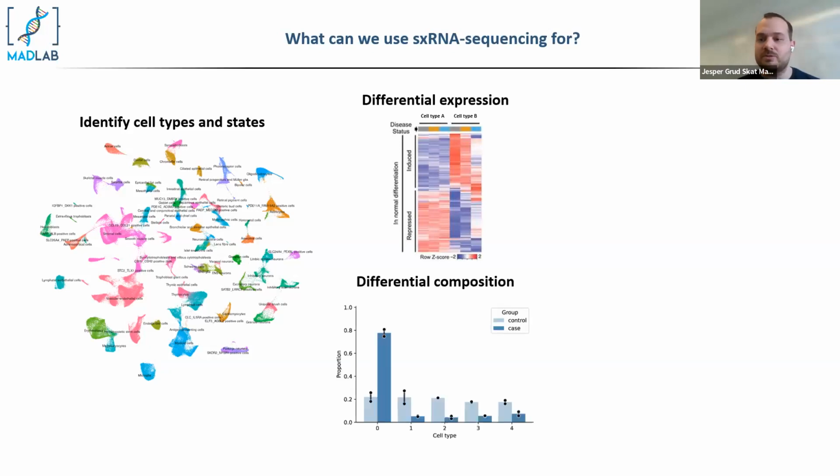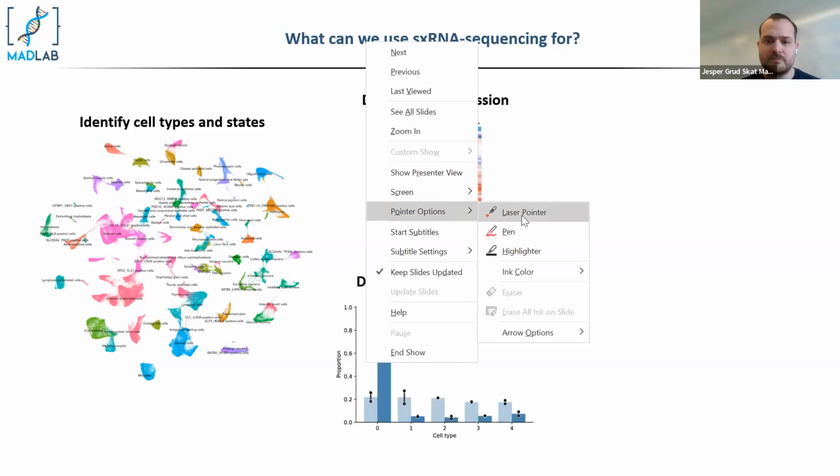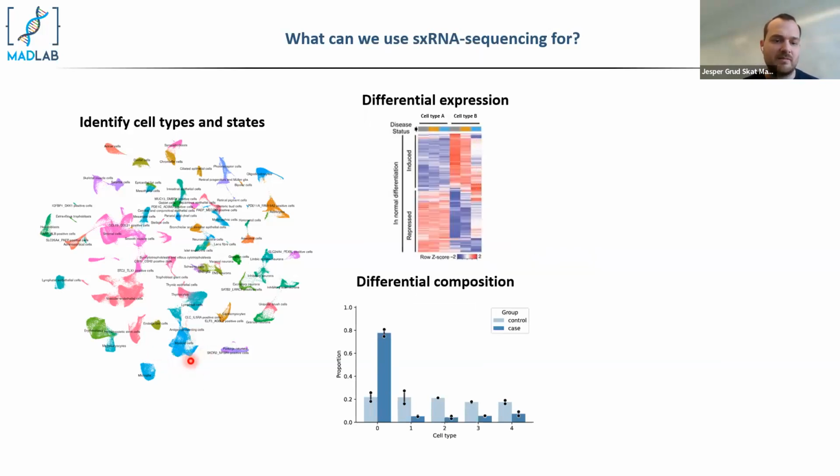It's also possible to do differential composition analysis, where, if we envision that this data was derived from healthy and diseased individuals, we could ask if there are, for example, more myeloid cells in the diseased individuals or not.